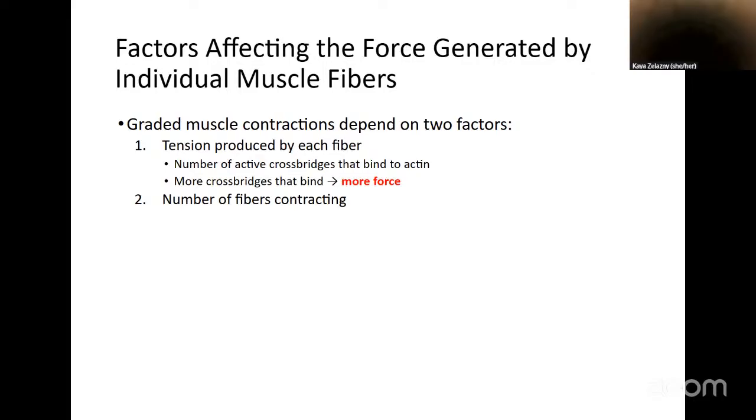We're actually going to see that we have different numbers of motor units kind of coming online to contract together as we realize we need more and more tension to move a heavier object. So in order to produce more tension, you want to recruit more muscle fibers, right? So more cross bridges in more muscle fibers means we have more force overall, right? Like more sarcomeres are shortened. So the more fibers you have contracting, the stronger you're going to see that muscle behaving. You're going to see more tension building.